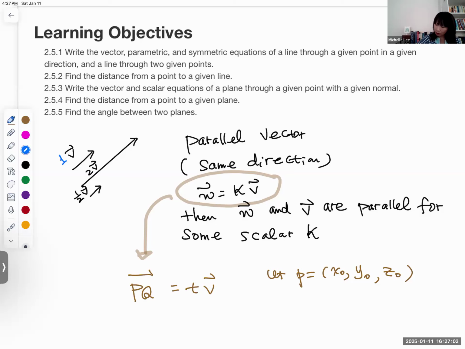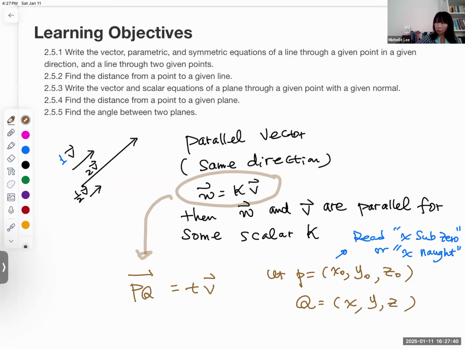So this will read x of 0, subscript, right? We did that earlier, x of 0, or we read x naught. So x naught, y naught, z naught, and Q equal to x of 1, y of 1, z of 1, or x, y, z simply.